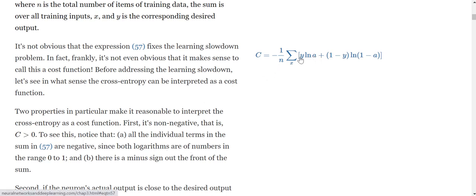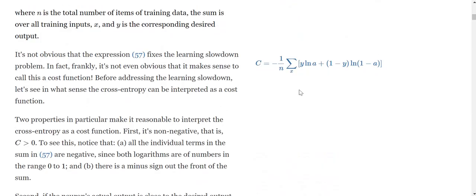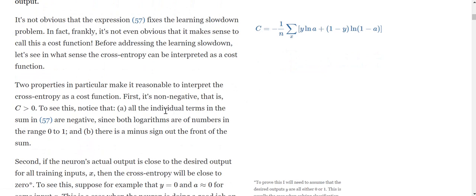Even though y is the desired output and is positive, a would be between 0 and 1, so the natural log of a would be negative, and this whole term would be negative. 1 minus y would be positive, however, the natural log of 1 minus a would be negative because the natural log is negative for numbers less than 1. So the entire quantity inside is negative, but you have a negative outside, which makes it positive.